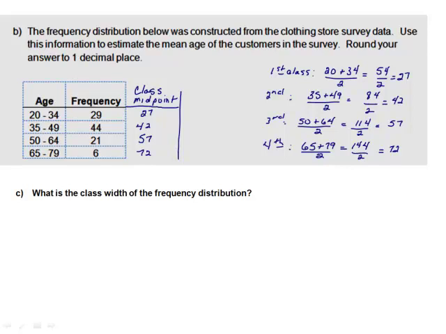And then I'm adding another column to this where we're going to have the frequency times the class midpoint for each class. So we're going to multiply the frequency by the midpoint. So for our first class, we're multiplying 29 times 27.